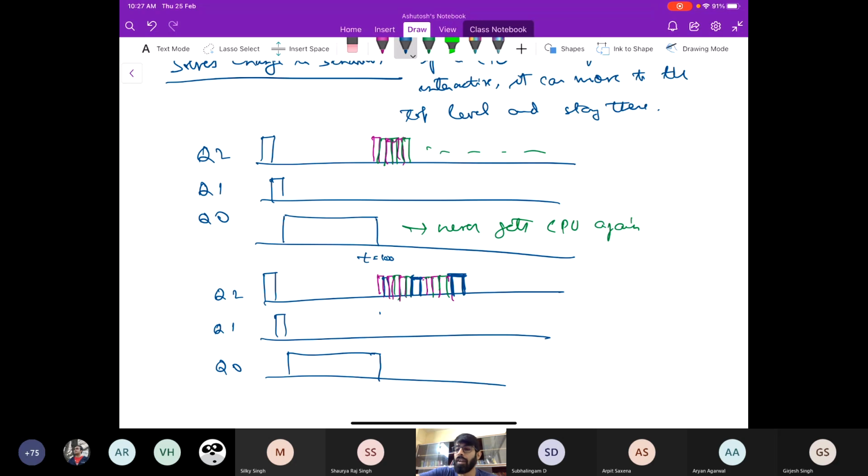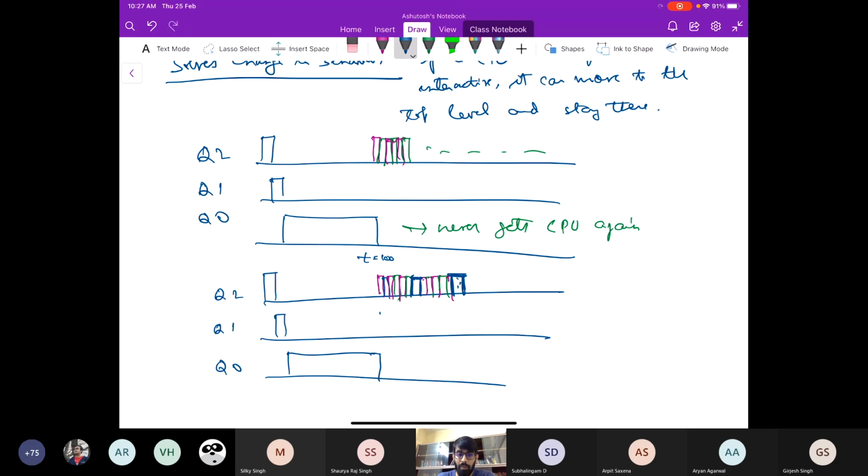Is that clear? The book has a better figure, of course, because they have not made it by hand, so you can have a look at that. But this is exactly the example: in this case, it does not starve, and now if it becomes interactive also, then it will remain at the top queue.